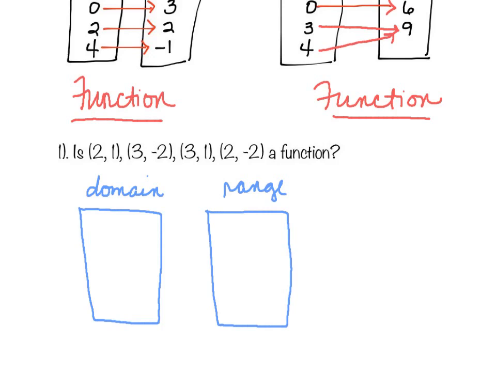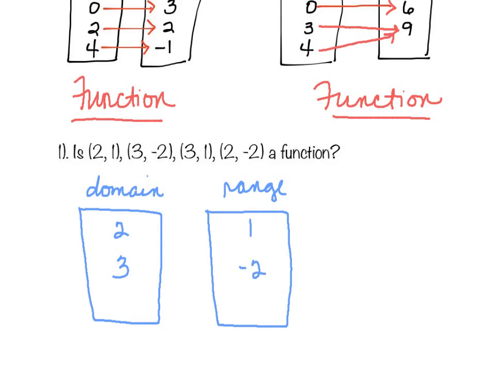So for the domain, we have 2 and 3. Those are all the members of my domain. In my x coordinates, I only have 2s and 3s. That's all I have. As far as the range, members of my range, I have 1 and I have -2.